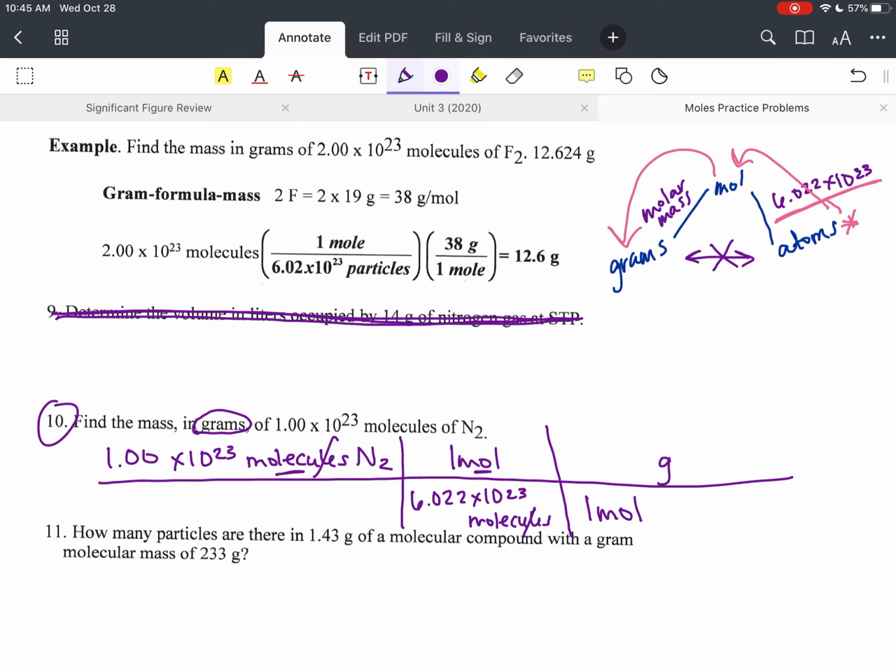So how can I find my molar mass of N2, where there's 2 nitrogens? So nitrogen is 14, but there's 2 of them, so that equals 28 grams. Okay, so now I'm just going to multiply across and divide by the bottom. Don't forget, you need your parentheses around Avogadro's number down there on the bottom, because you don't want your calculator to do something crazy.